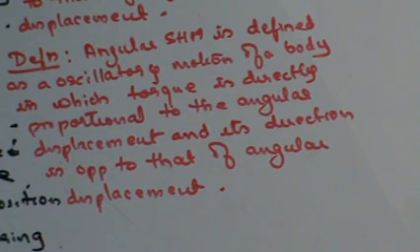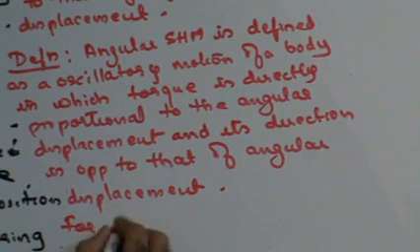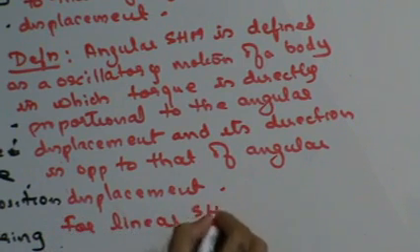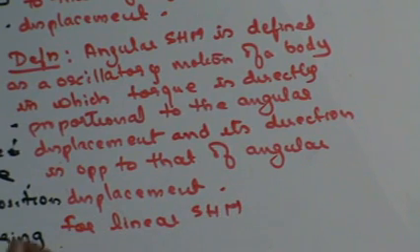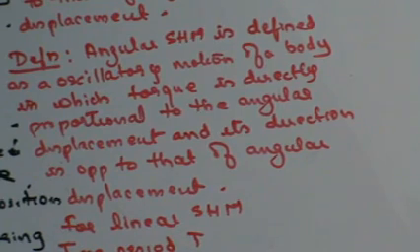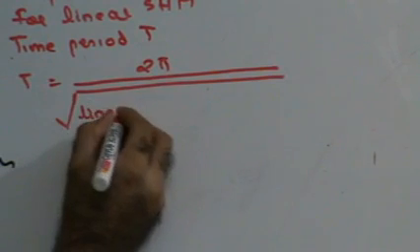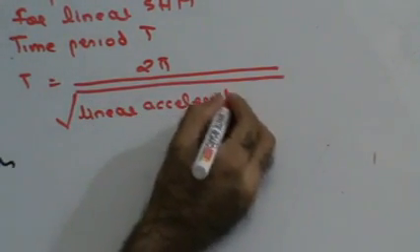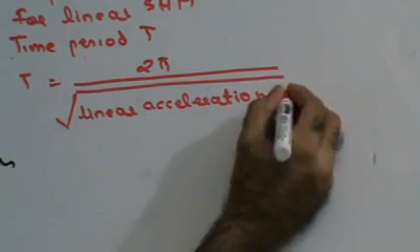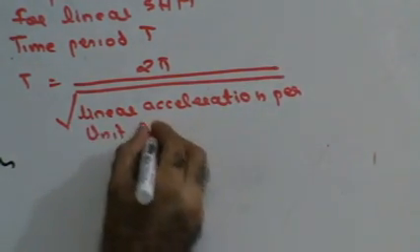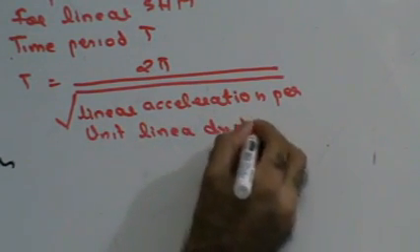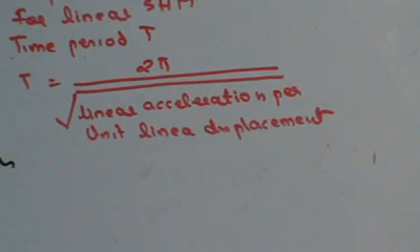Now, for a linear SHM, we had said that time period T is given by the formula 2 pi upon square root of linear acceleration per unit linear displacement. That was my time period of a linear SHM.